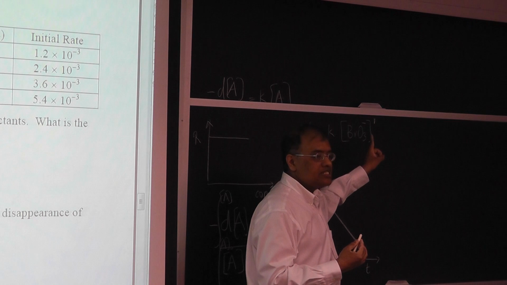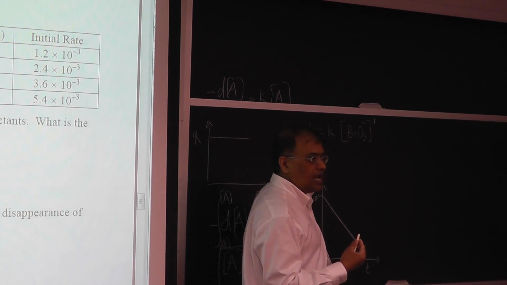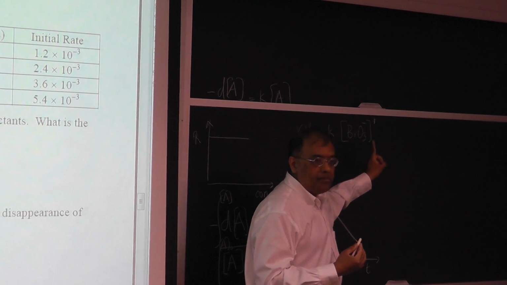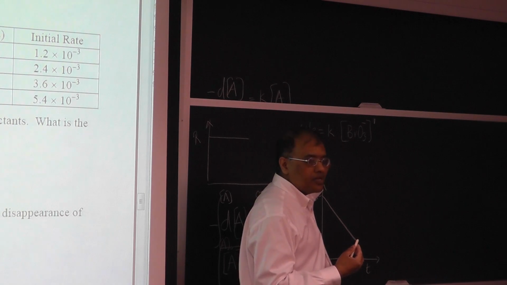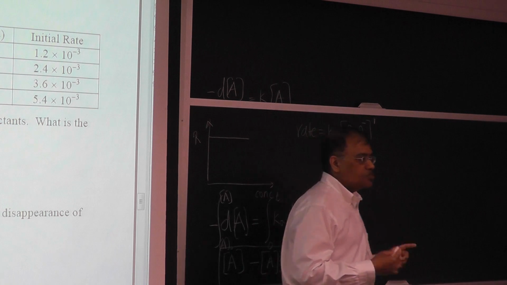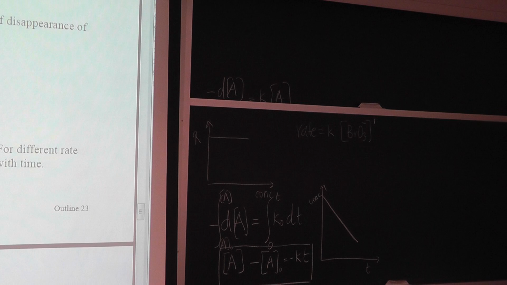That's why we can say when you double the concentration, if the rate doubles, the exponent is 1. When I double the concentration, if the rate quadruples, then the exponent is 2. So using similar arguments, you can fill in the blanks and figure out what Y is, what Z is, and also figure out what K is.